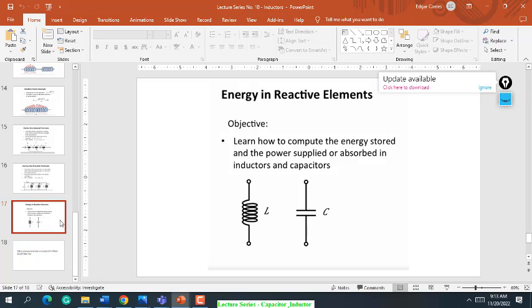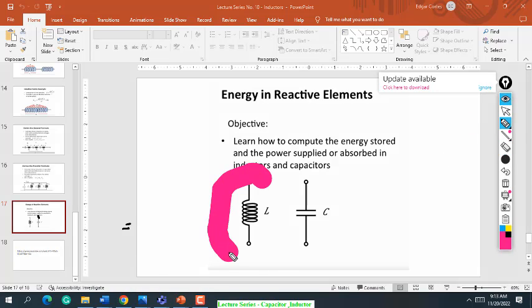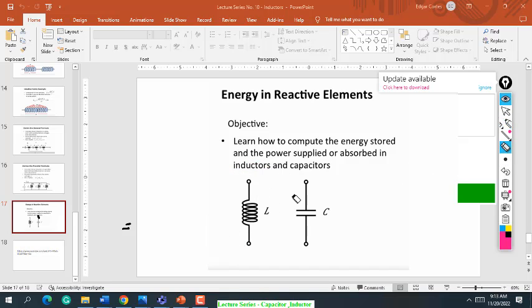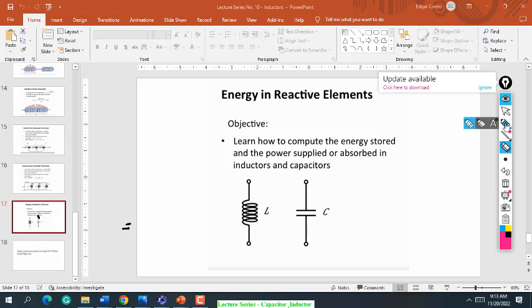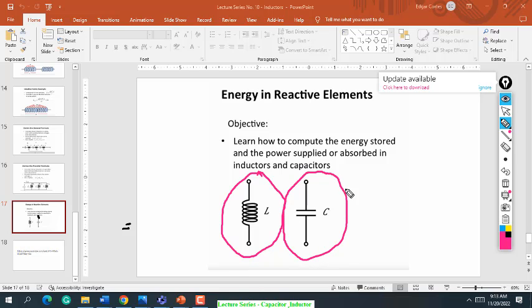So in the energy reactive elements, as a summary of what we discussed today, this inductor, because this is the schematic of an inductor, behaves like the resistor. But in capacitor, class, it's the other way around.